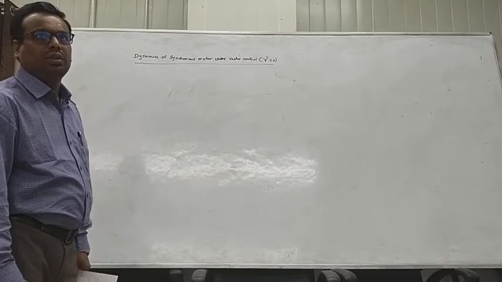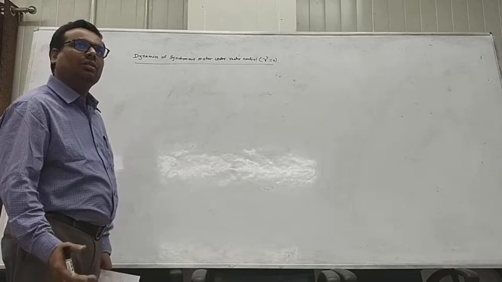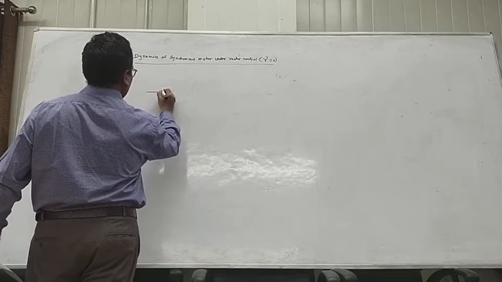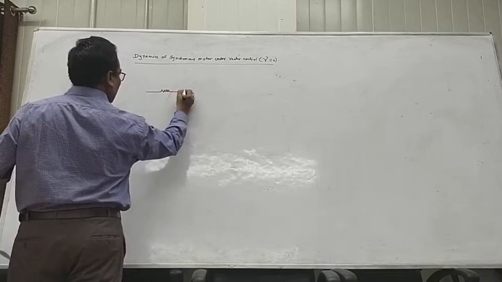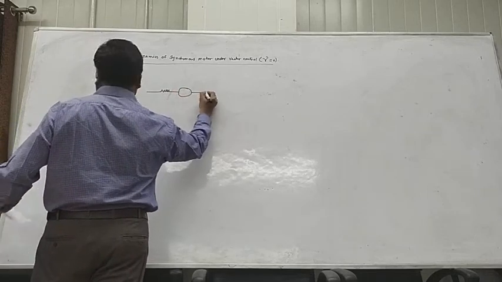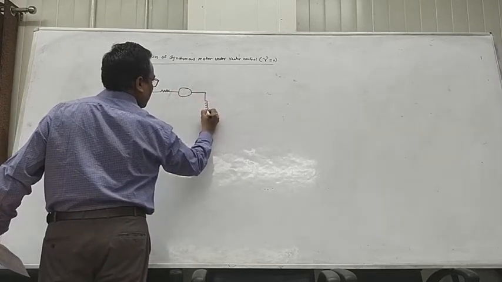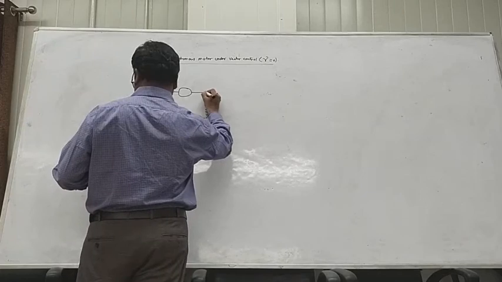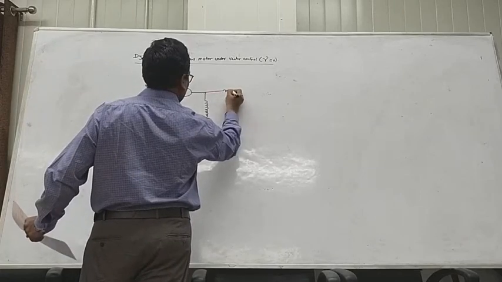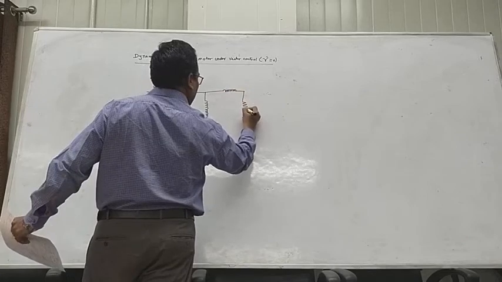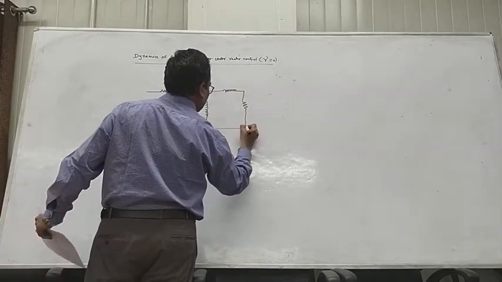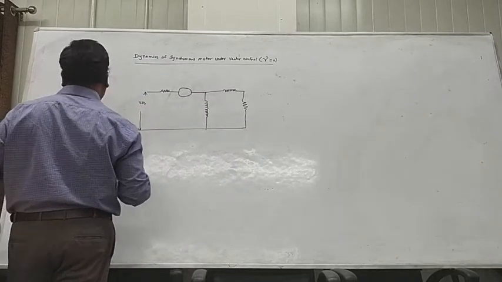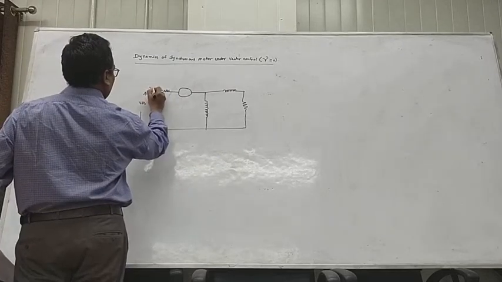The equivalent circuit is drawn with respect to the direct axis and another with respect to the quadrature axis. First, with respect to the direct axis, this is the resistance, this is the back EMF, the magnetizing inductance, and the damper circuit inductance and resistance. This is VDS, and this current is IDS.